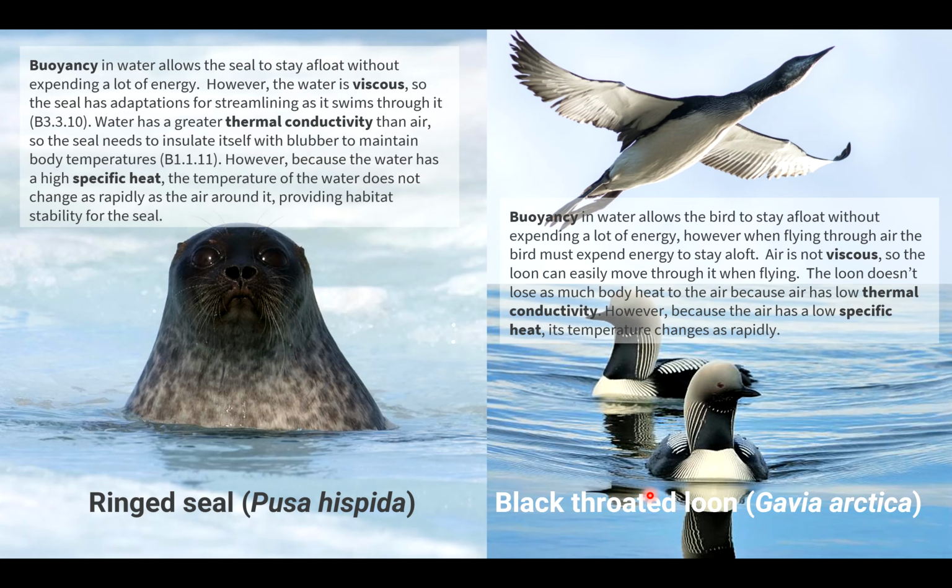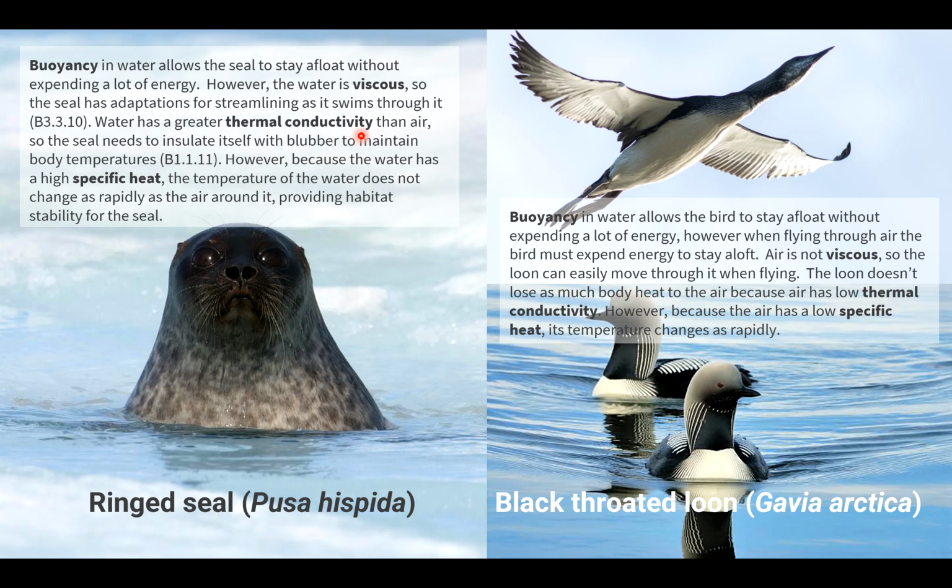So you will find that for the ringed seal, buoyancy in water allows the seal to stay afloat without expending a lot of energy. However, the water is viscous, so the seal has adaptations for streamlining to swim through it.